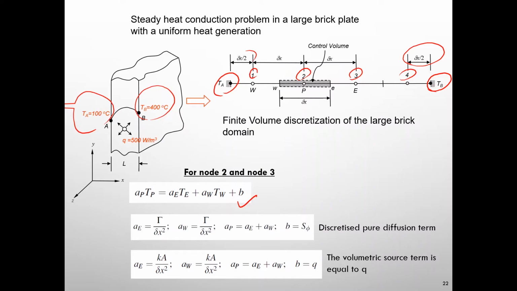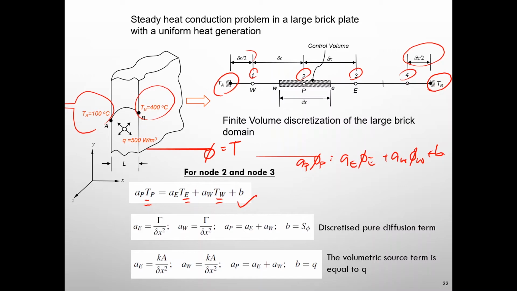Our main thing we need to find comes from AP phi P equals AE phi E plus AW phi W plus B. Here we know that the property we are trying to calculate is temperature. Phi here is temperature, so you can substitute it into temperature straight away. And then we need to find our AE, AW, and AP.